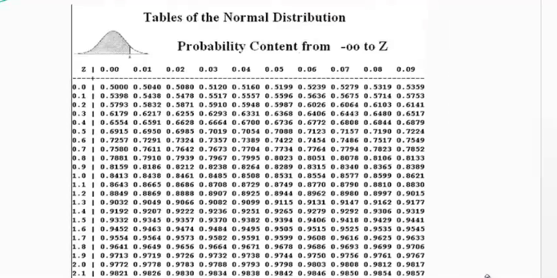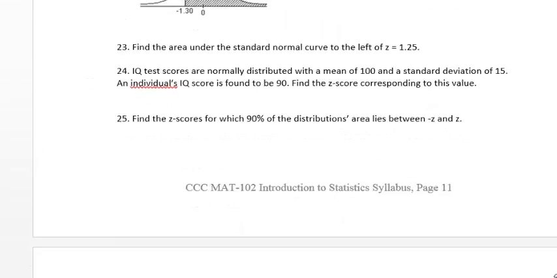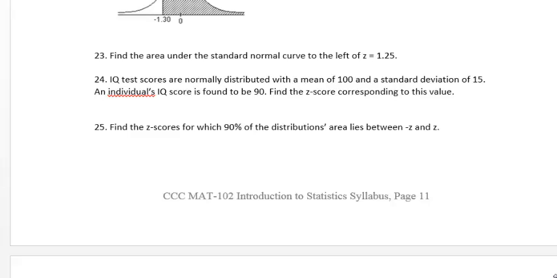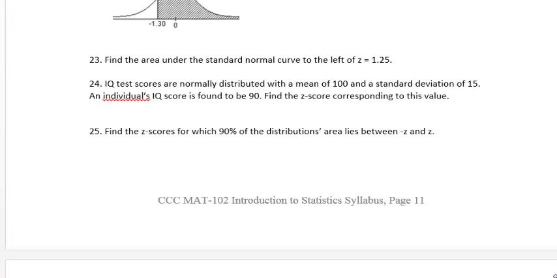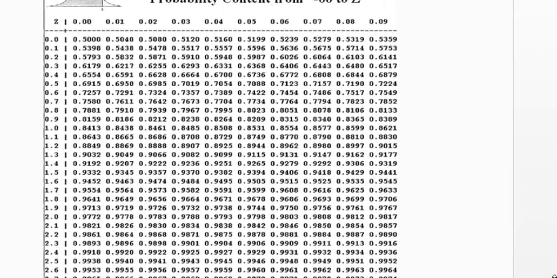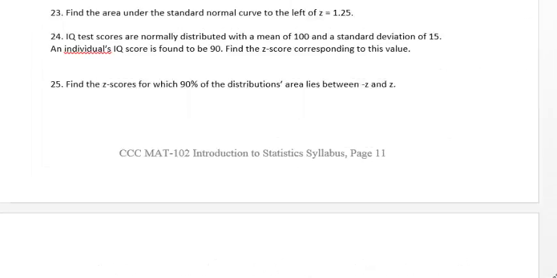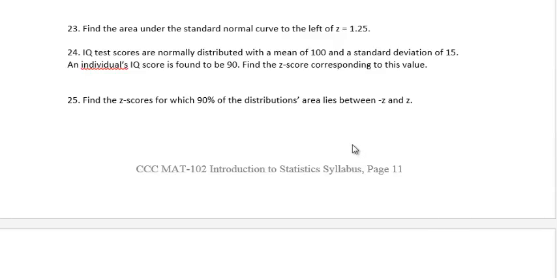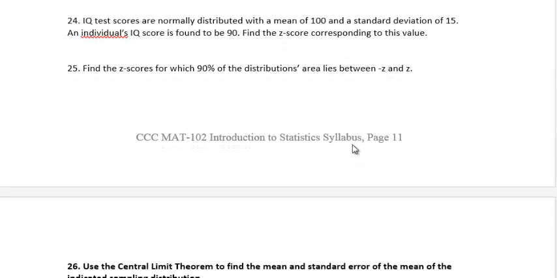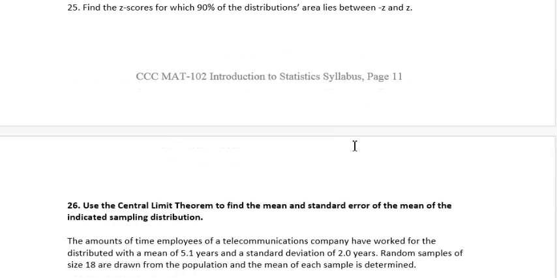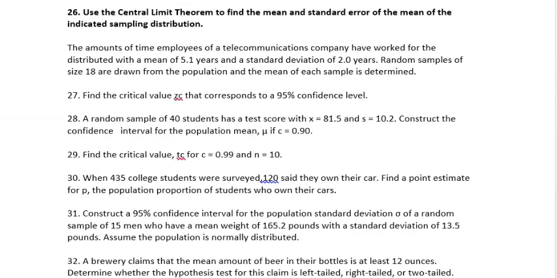So I guess the answer would be plus or minus approximately 1.65, somewhere between 1.64 and 1.65. So that's how you would write it, either positive or negative 1.65, approximately.